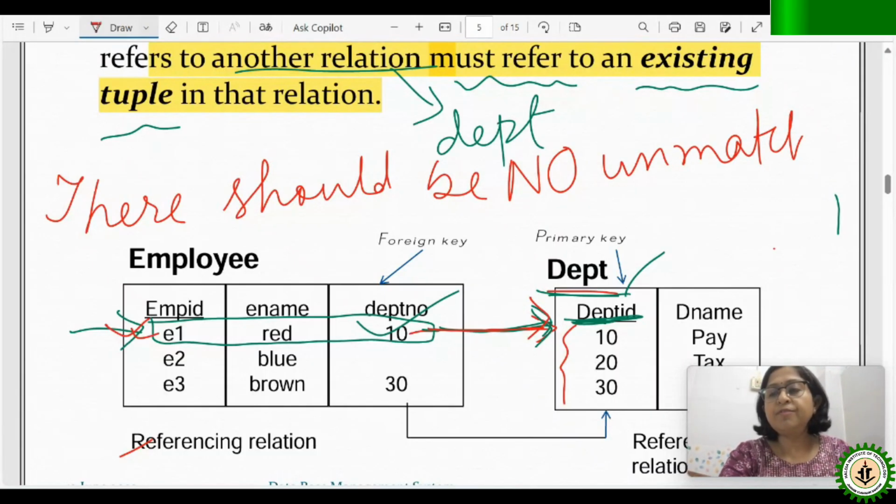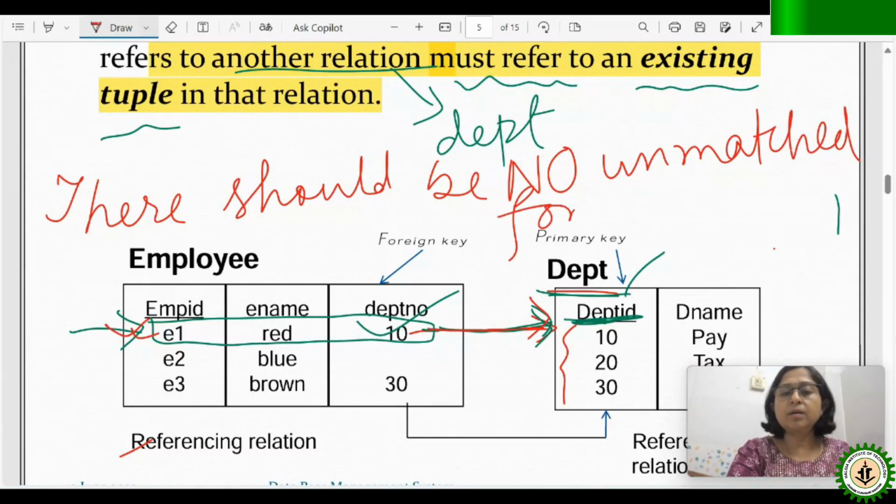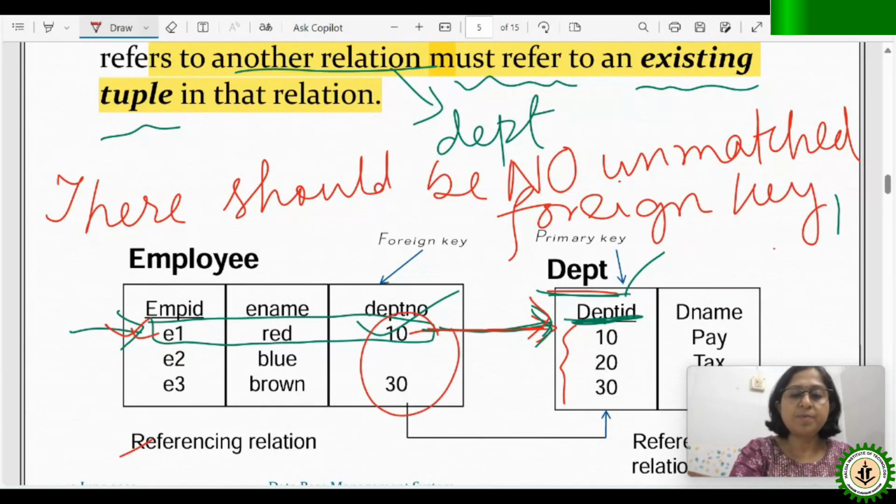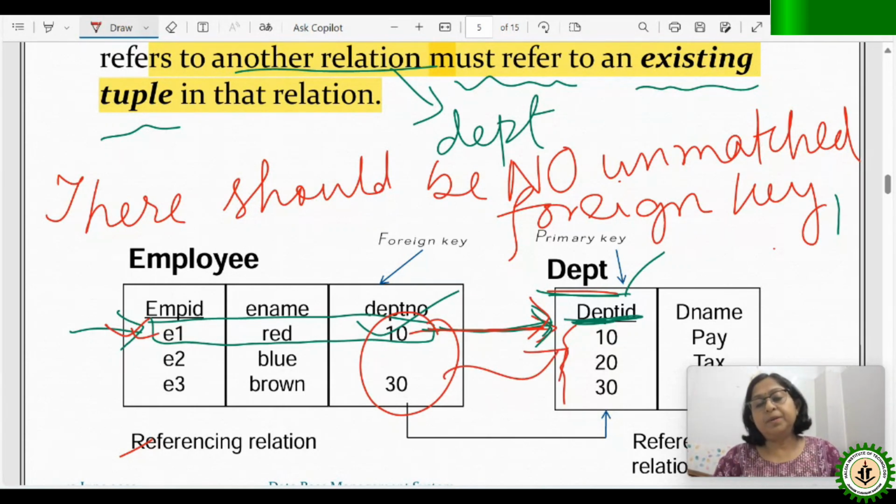If you simplify the formal definition, you can go by this also. Foreign key values must have matches in the parent table. So this is all about the referential integrity constraint.